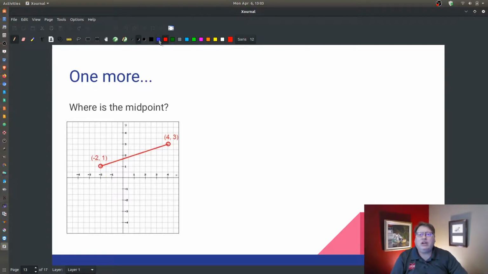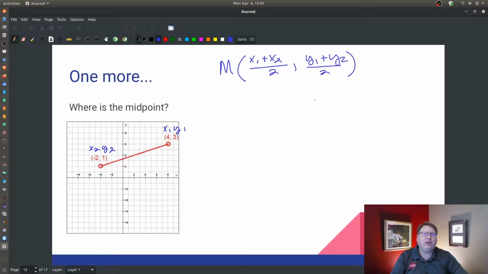So here, I'm going to change pen color on this one. Here we have x1 and y1. This is x sub 2 and y sub 2. And we're going to write down our formula. I always encourage students to write down the formula first and then do your substitution. Writing down the formula will help you commit it to memory, because this is one you need to memorize.